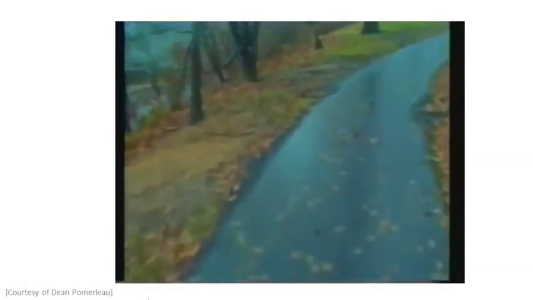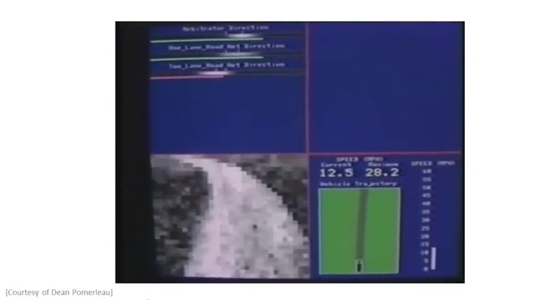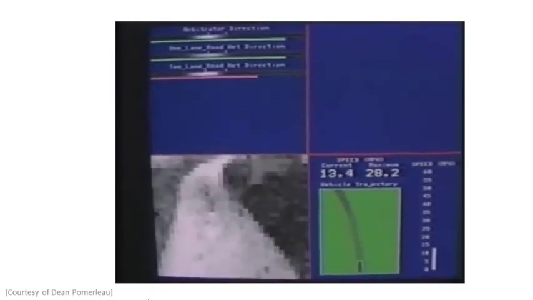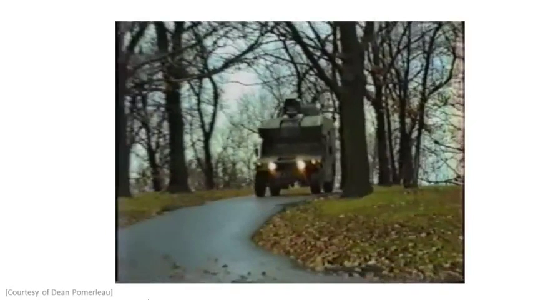Each network, running in parallel, produces a steering direction and a measure of its confidence in its response. The steering direction from the most confident network, in this case the network trained for the one-lane road, is used to control the vehicle.